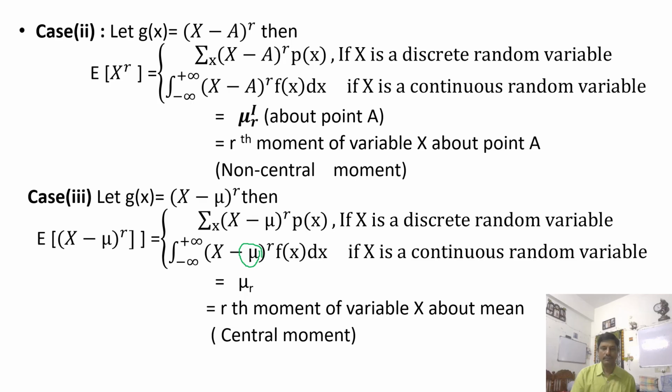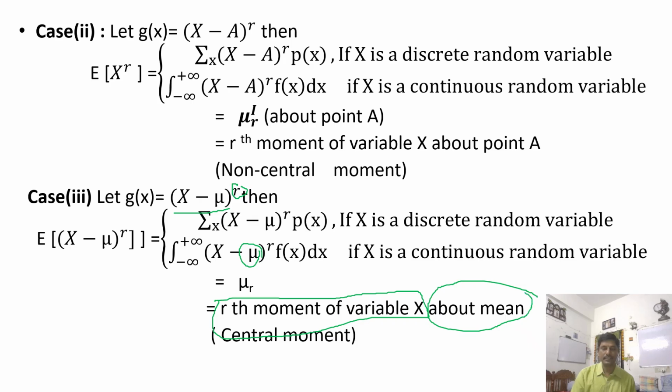So in the place of g of x, we are considering x minus mu whole to the power of r. So this r stands for the rth moment of the variable x, or of the function g of x. About what are we finding it here?